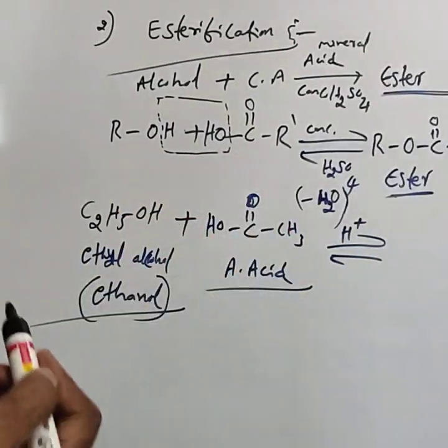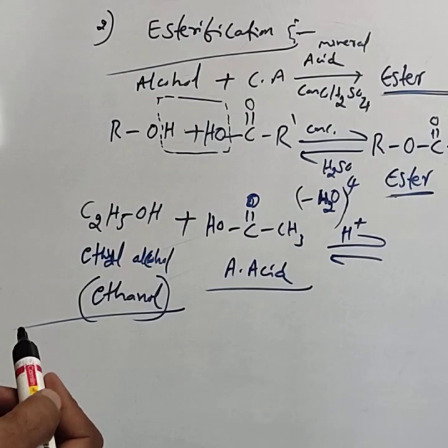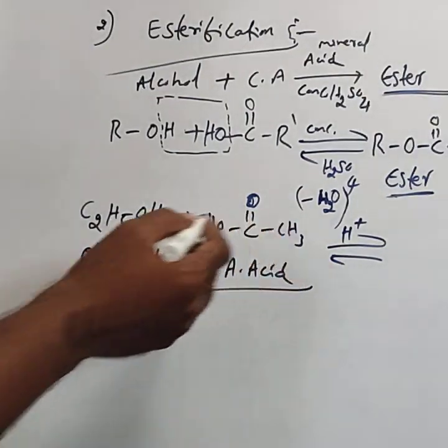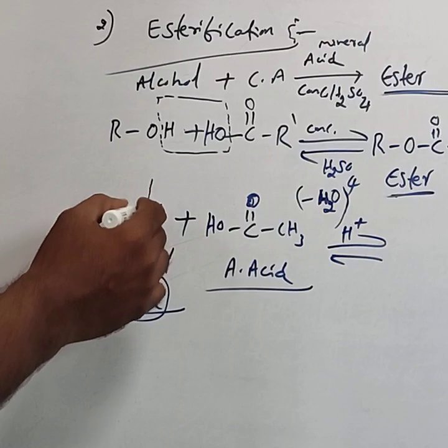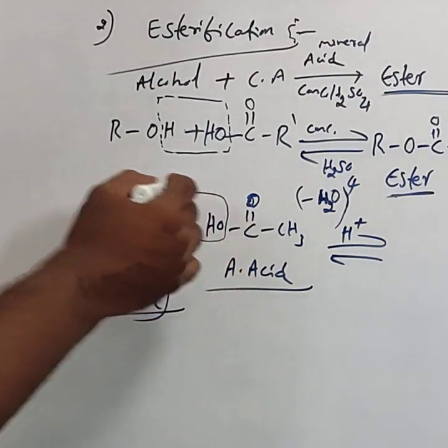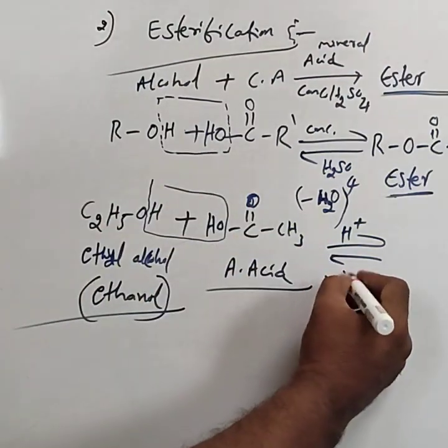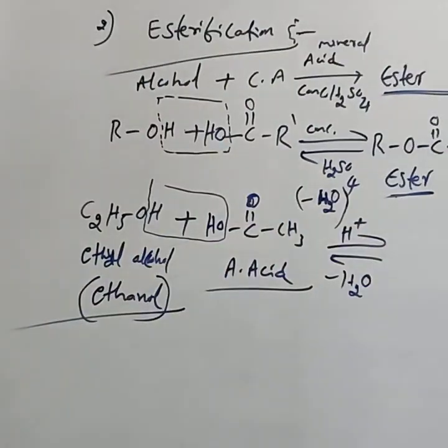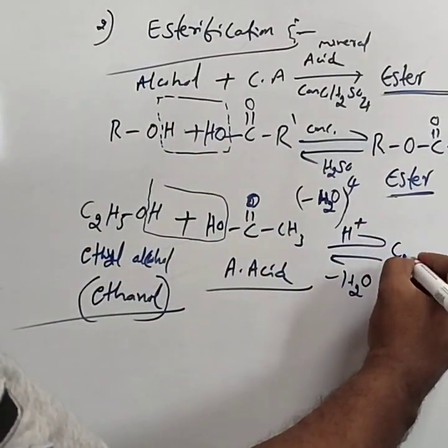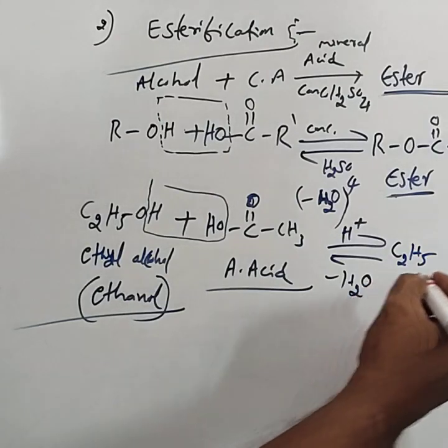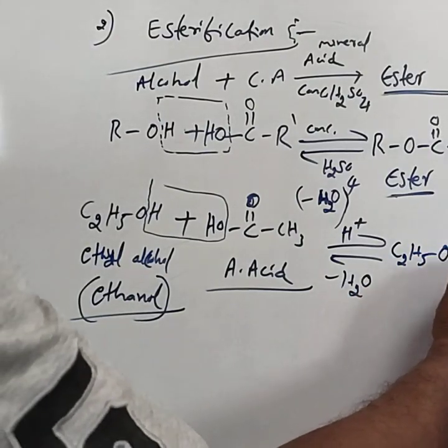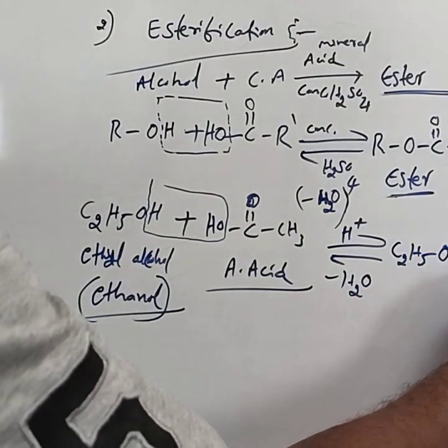Then removal of the water takes place in such a way that OH from the acetic acid and H from the alcohol are removed. This is the removal of the water molecule, minus H2O. Then the product formed is C2H5OCOCH3.